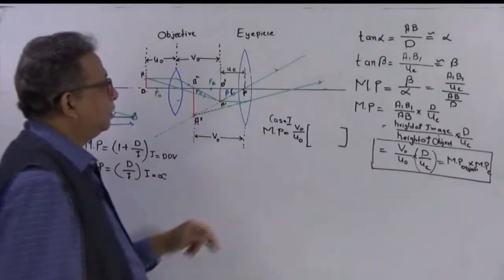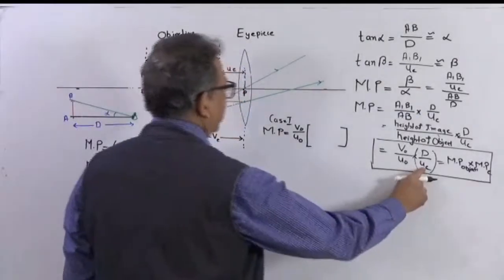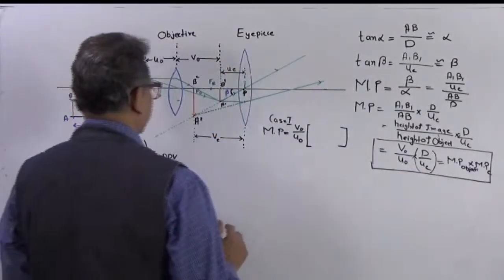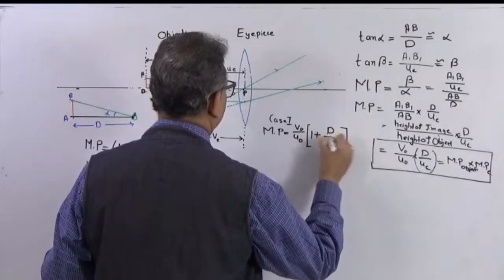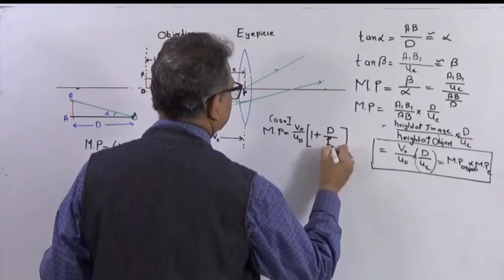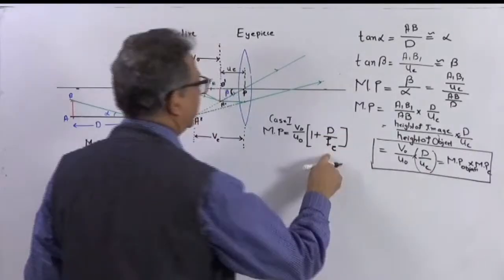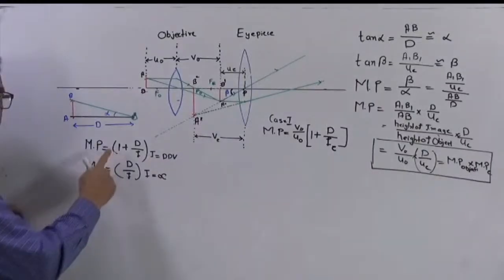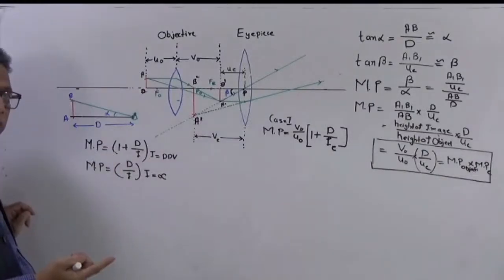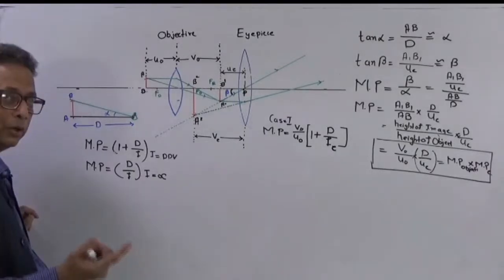So now this UE will be replaced by this equation, that is going to be 1 plus D upon F, but now this will be F of the eyepiece. Look here, for a simple microscope it was just F, it was not mentioned as FE or FO because it comprised only one lens.